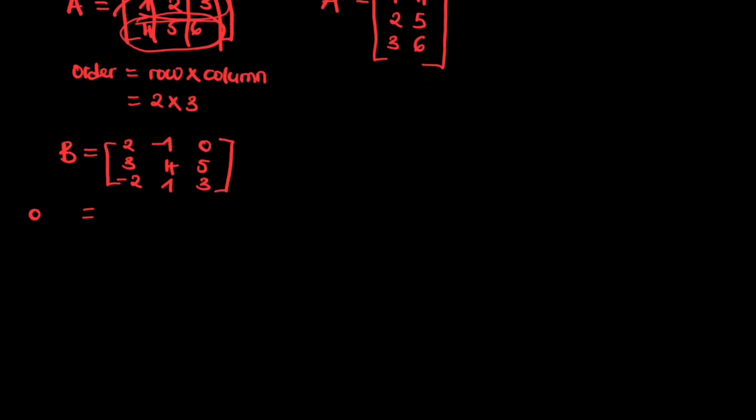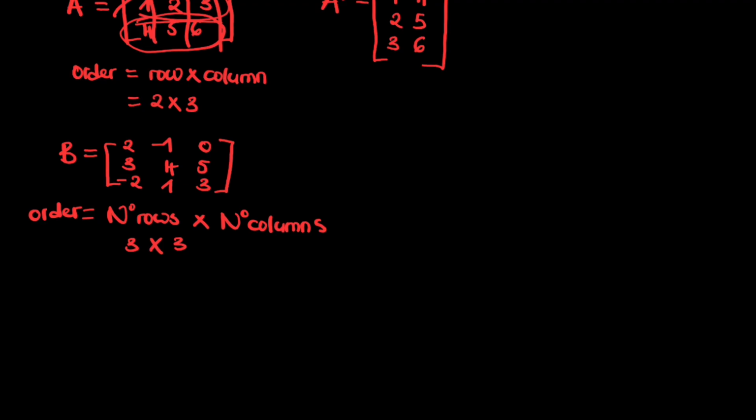The order is the number of rows times the number of columns. So let's count our rows. As we can clearly see, we have 3 rows and we have 3 columns. So that is the first step. So we have a 3 by 3 matrix.